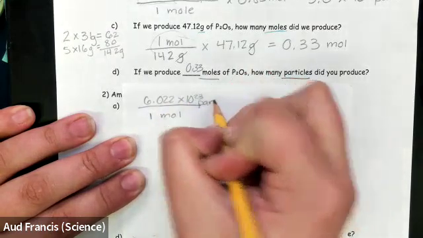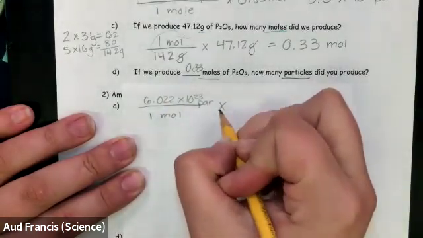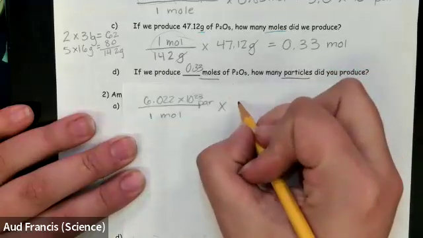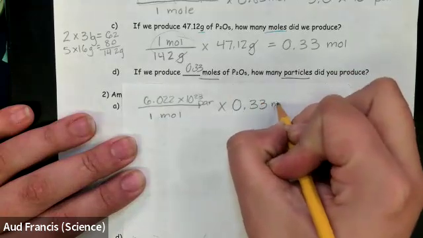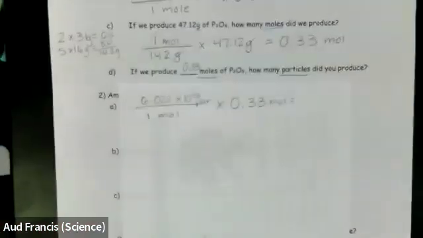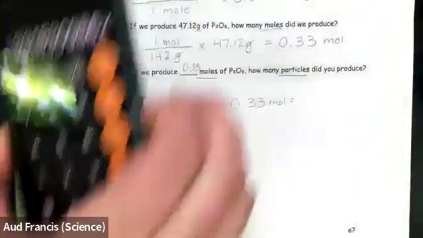And remember, I'm just calling that PAR. I'm going to multiply this by the number of moles I actually produced, which is about 1/3 of a mole. And that's going to give me a number in particles. So go ahead, throw that one in your calculator for me. While you do that, I'm going to throw it in mine.